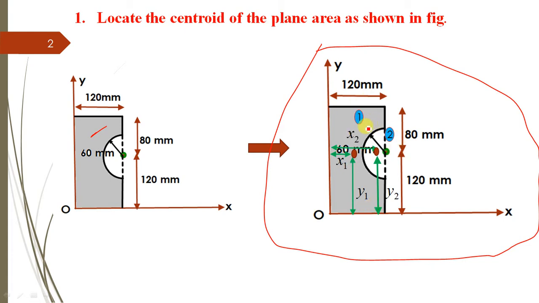Similarly, you have to find the centroid of this particular figure. First find x2. x2 is the distance of the centroid of the second figure from the y-axis. As we know, this distance is 4r upon 3 pi. So 120 minus this distance.